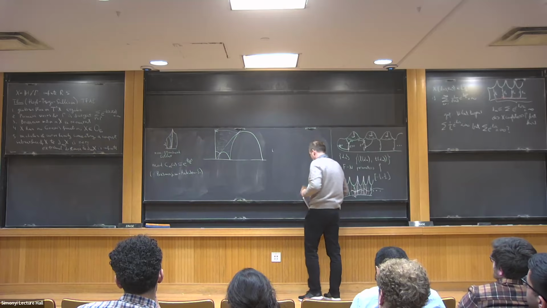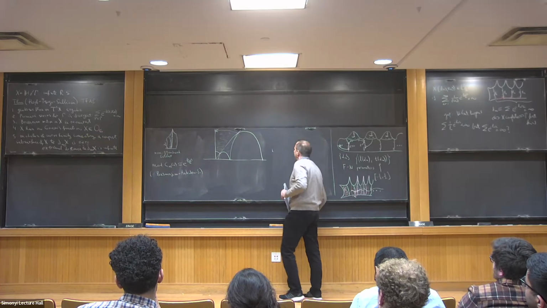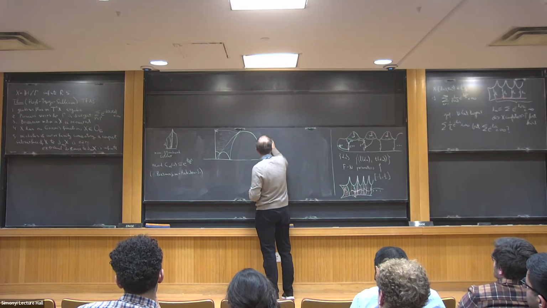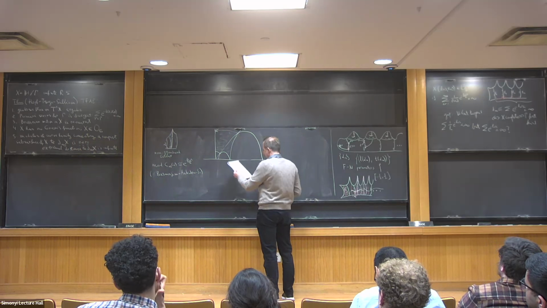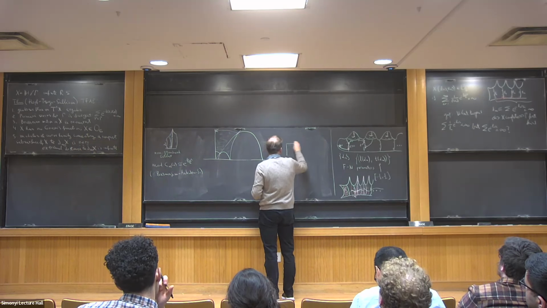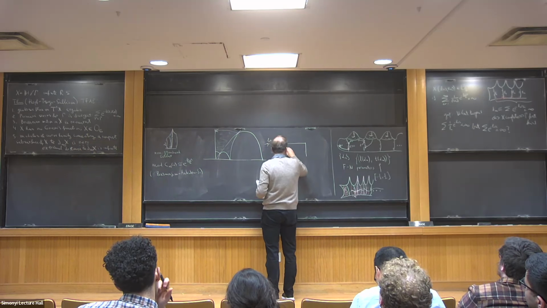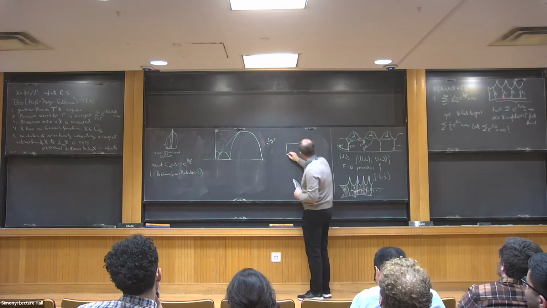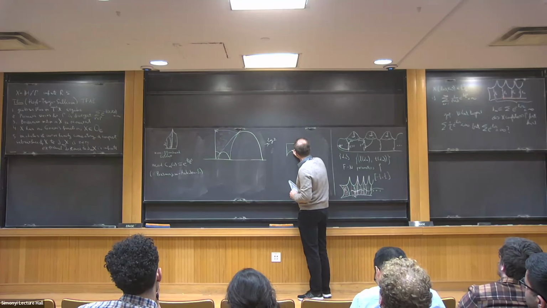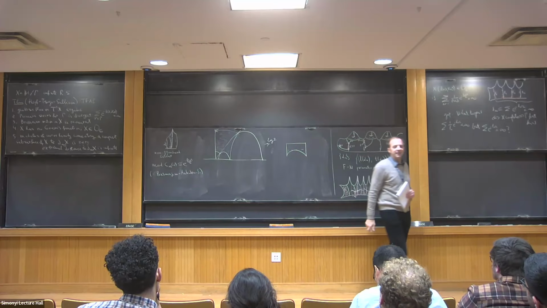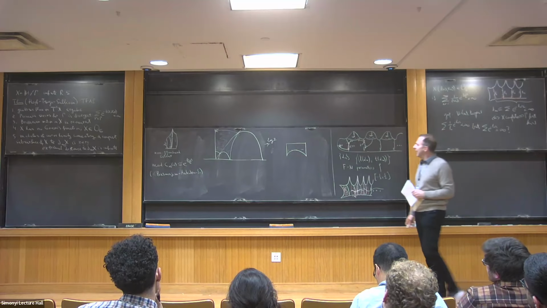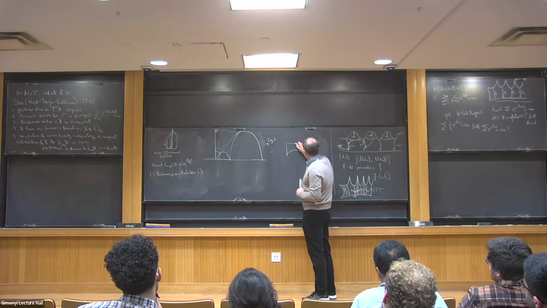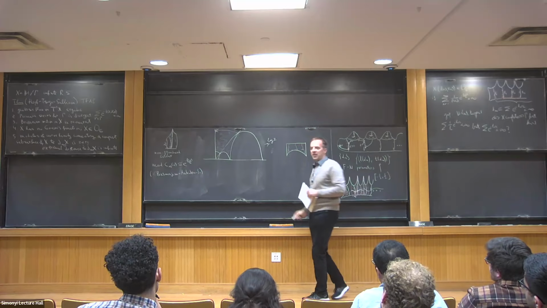Okay. And then again, we map it with log z. And we see a picture like this. This is the standard color. This is standard color. And then here we see the extra thing that we added. And you want to compute the modulus of the curve family going from here to here.